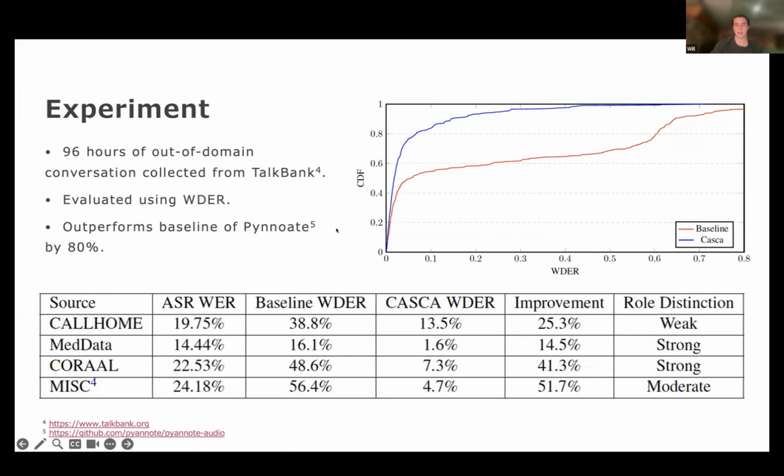Using word diarization error rate, which measures how well information is retained from the initial recording down to the accuracy and fidelity of the transcribed text with speaker assignment, we found that our model outperformed pyannote, which we used in conjunction with WhisperX as our conventional baseline, by 80%, most strongly on cases with strong speaker role distinction, but still markedly improving on domains with weak speaker role distinction.